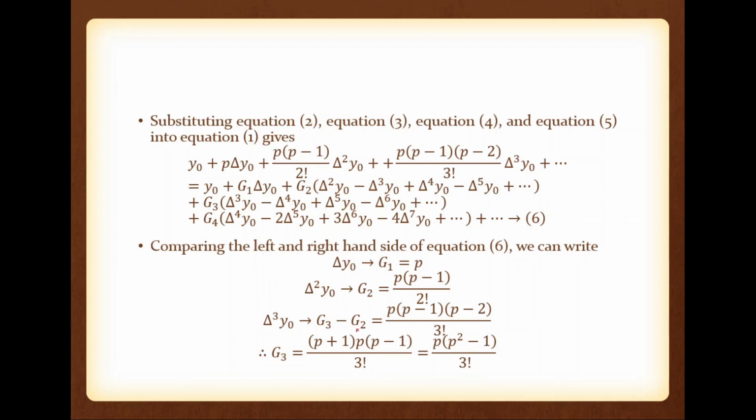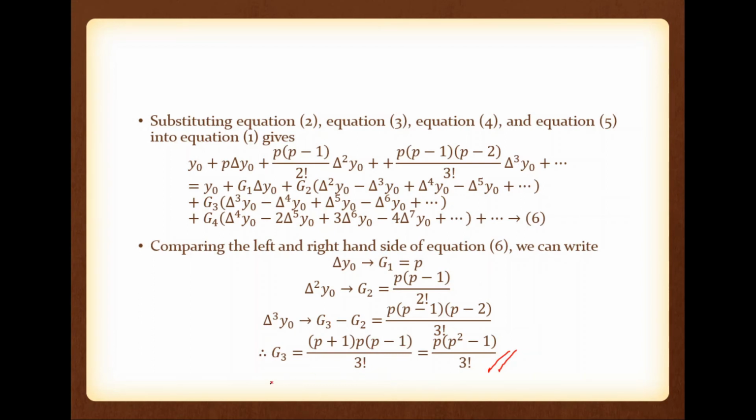In the numerator we have p into p minus 1, and a p plus 1 term is added. So what about p plus 1 into p minus 1 divided by 3 factorial? That is of the form a plus b into a minus b, that is p square minus 1 divided by 3 factorial. So please note, g3 is p plus 1 into p minus 1 divided by 3 factorial.